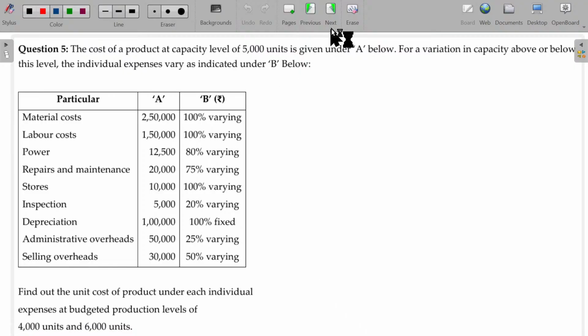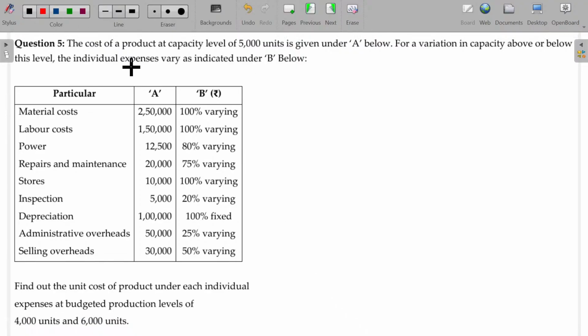Now, the cost of a product at a capacity level of 5,000 units is given as below. This is for 5,000 units. For a variation in capacity above or below this level, the individual expenses vary as indicated below.